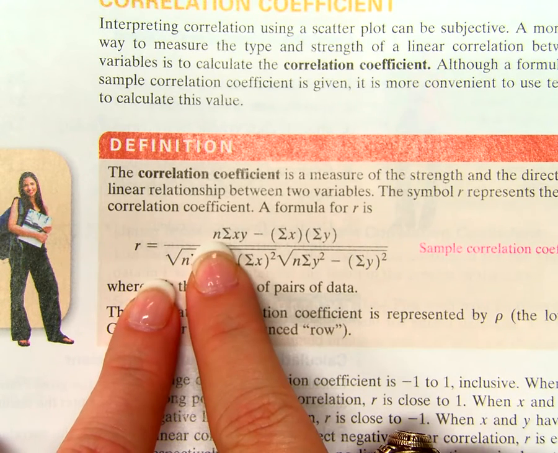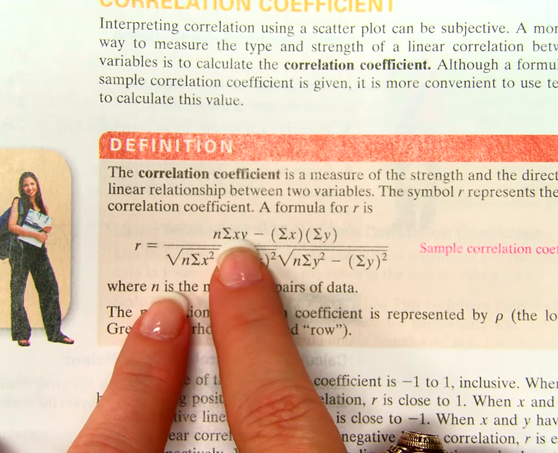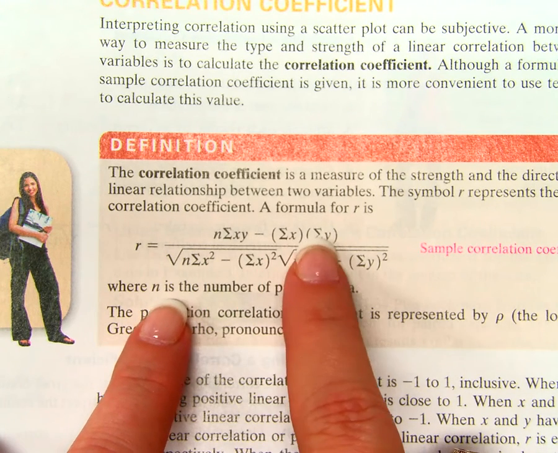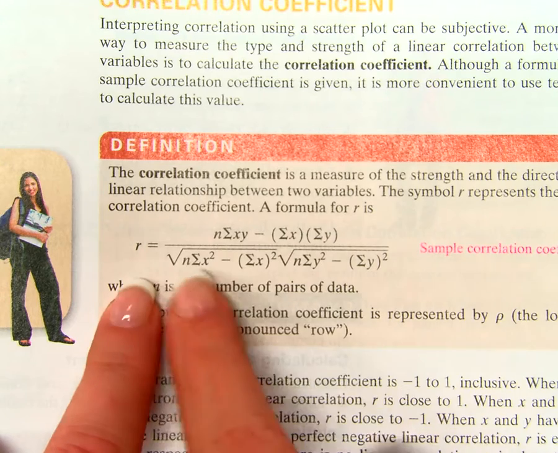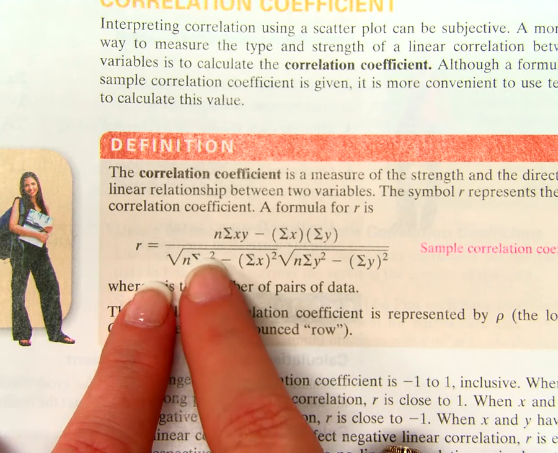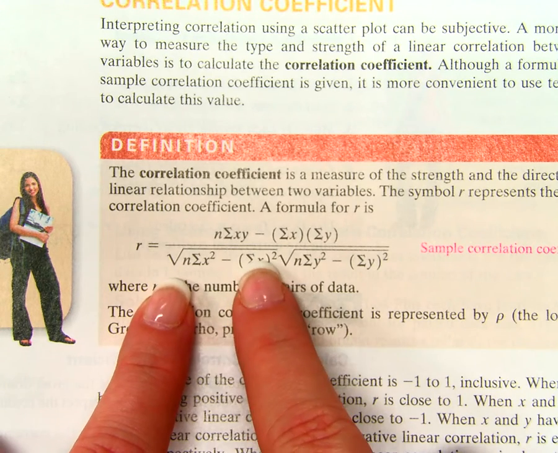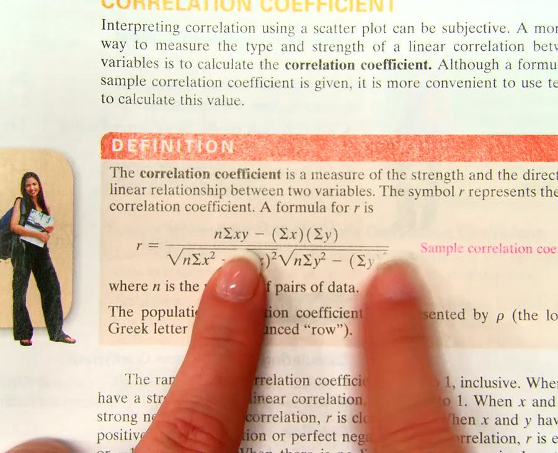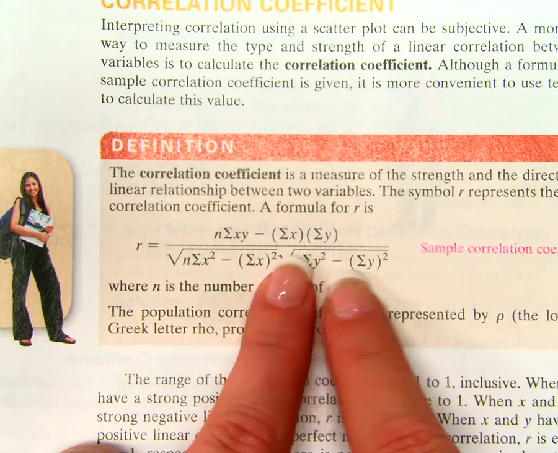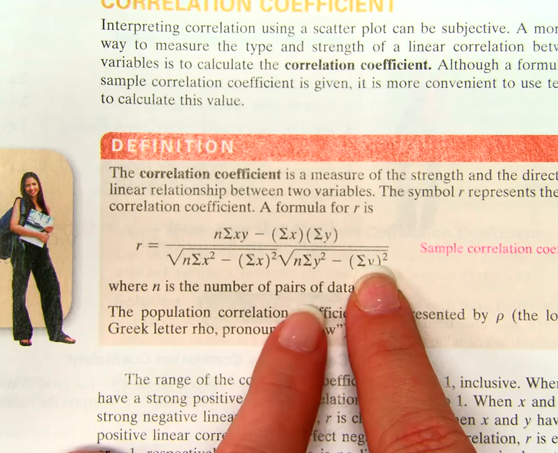Take the number of terms, multiply it by the sum of the x times the y, subtract the sum of the x's times the sum of the y's, divide all that by the square root of the number times the sum of the x squareds, minus the sum of the x's squared, times the square root of the number of terms times the sum of the y squareds, minus the sum of the y's squared.